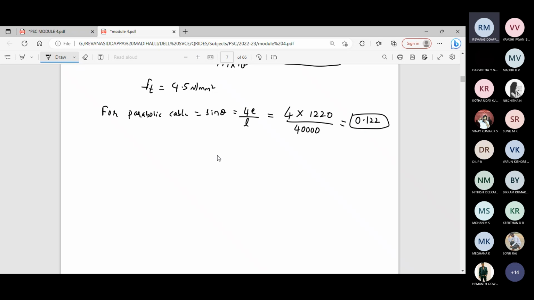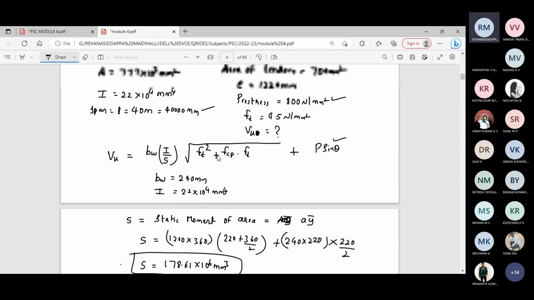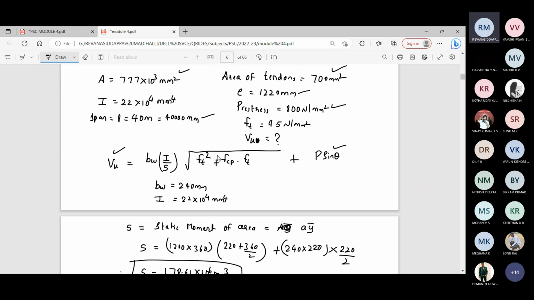Okay. Now we got all the required parameters to calculate the shear force. Just substitute. You can call this equation number 1.